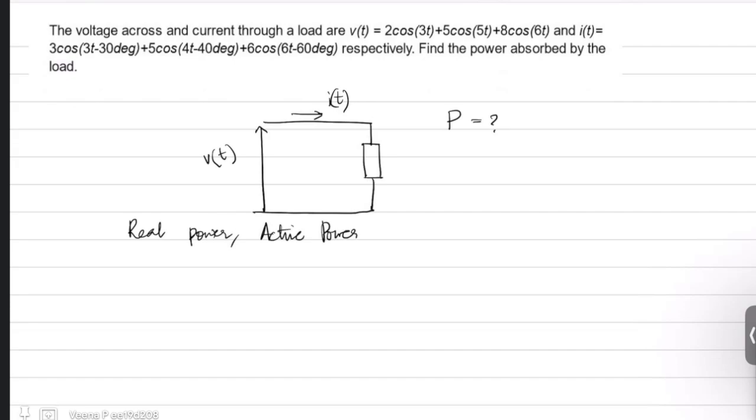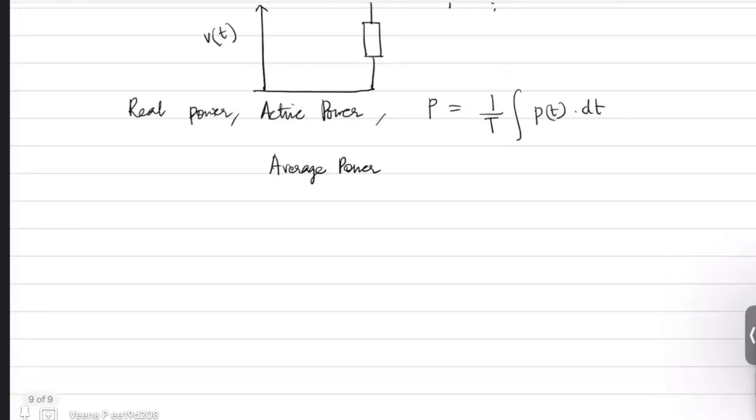Both are the same. Now this power is nothing but the average of the instantaneous power. So this power is also called the average power. Now we know that the instantaneous power is the product of instantaneous voltage and instantaneous current.